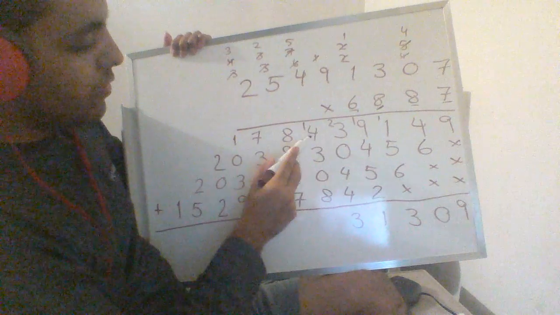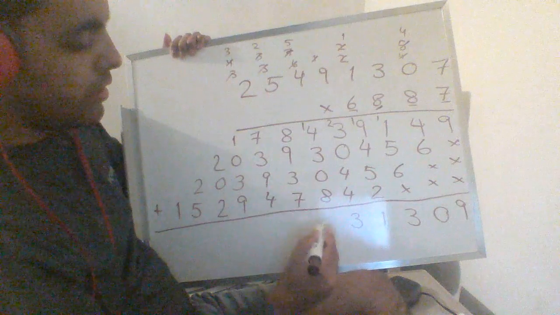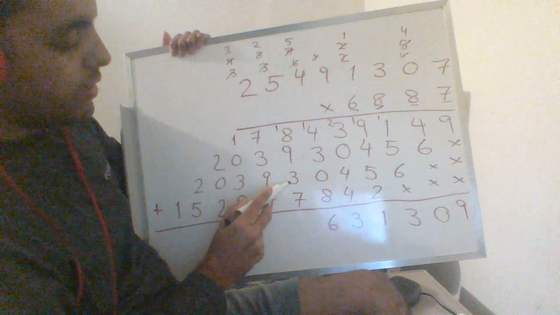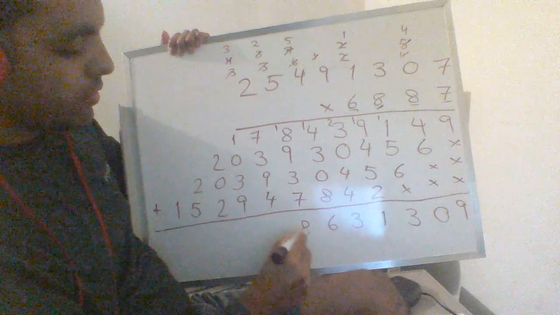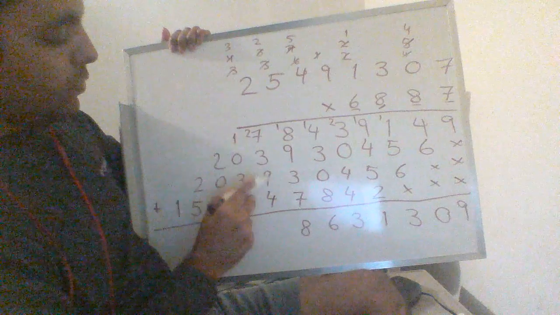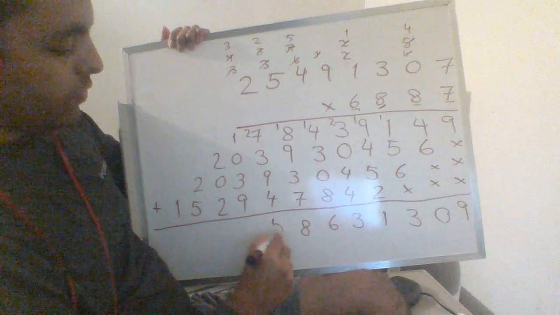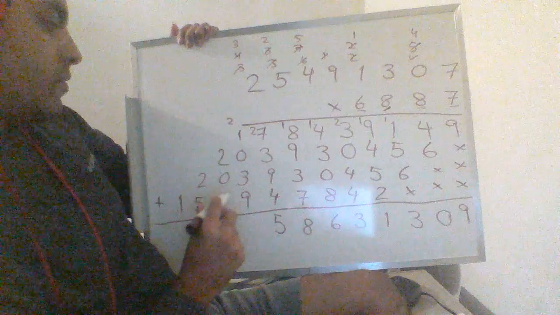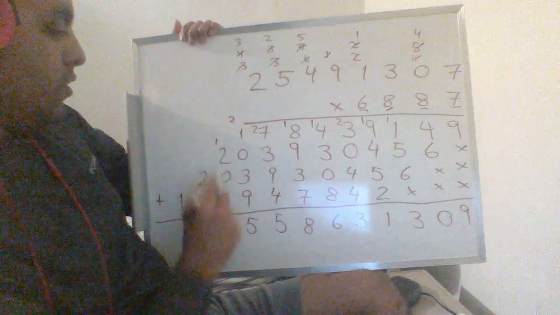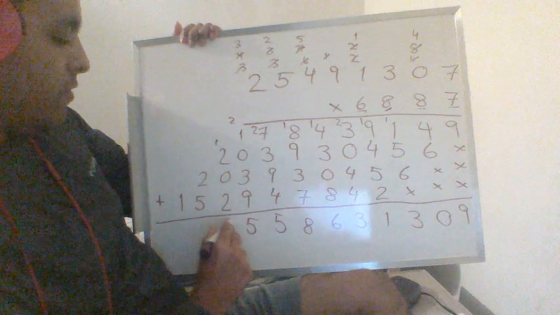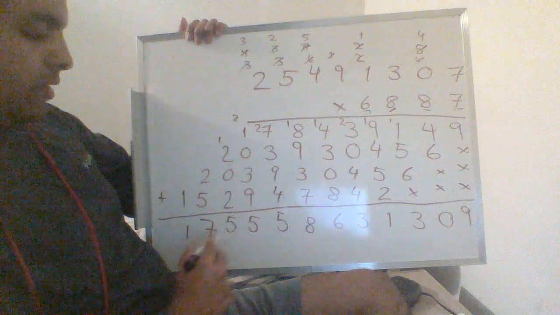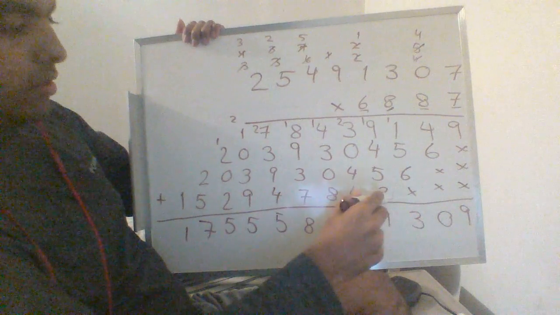Carry the 1, 4, 7, 8, and 8, that's 16. 9 and 1 is 10. 7 and 3 is another 10, so that's 20, 28. 7 plus 3 is 10. Plus 2 is 12, plus 9 is 21, plus 4 is 25. 9 plus 1 is 10, plus 5, that's 15. 2 plus 2 is 4, plus 1 is 5. 5 plus 2 is 7, and a 1. So we get 1, 7, 5, 5, 5, 8, 6, 3, 1, 3, 0, 9.